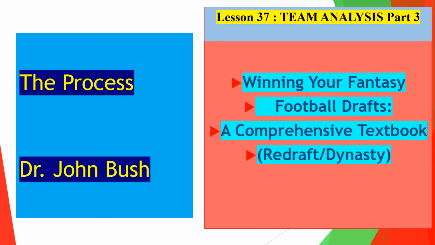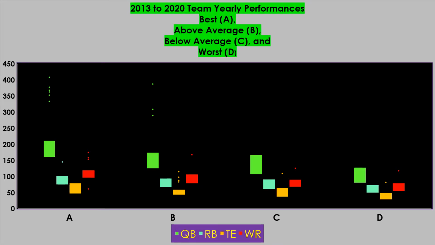So I think we can start by using this metric here. This is looking at 2013 to 2020 team yearly performances, and I grouped teams that were in the top eight as the best, the next eight above average, the next eight below average, and the bottom eight were the worst teams.